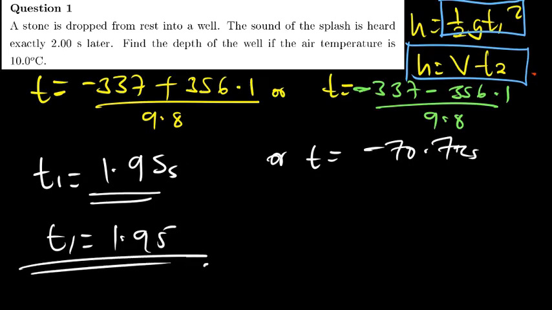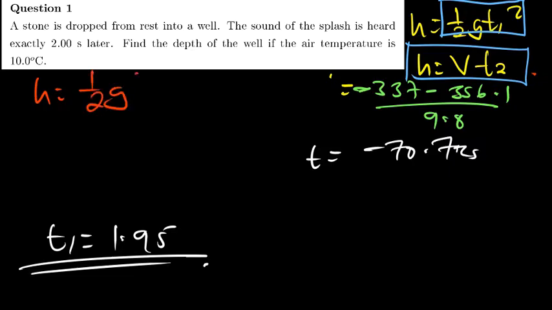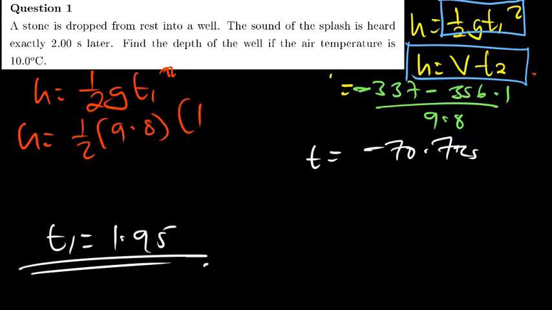Now, since I have the formula which I can use to find the height, now that I have my T1, I said we are going to use the one which has g because it was in a free fall motion, so it was falling under the influence of gravity. So it will be half g t1 squared. So half times 9.8, then t is 1.95.